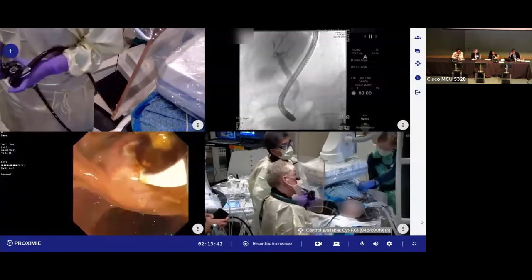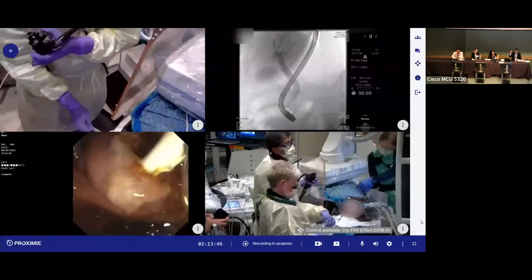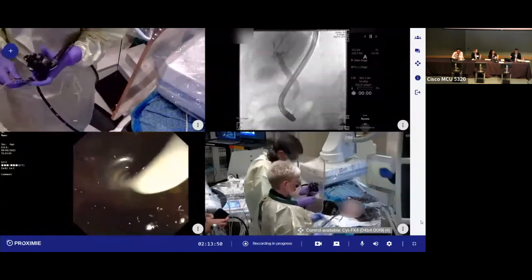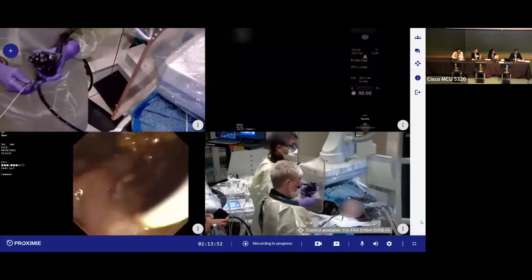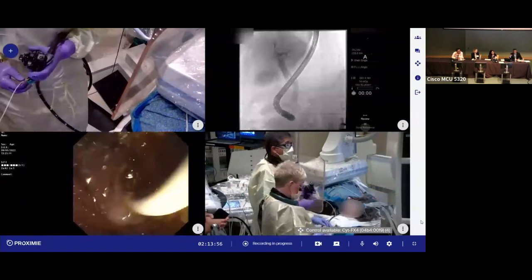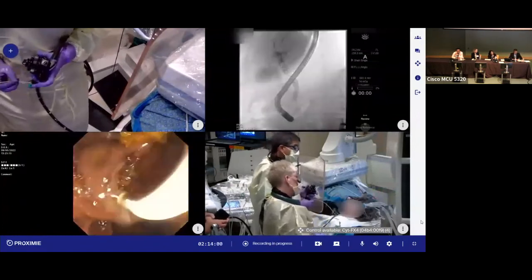You want to ensure that your extraction balloon is all the way up into the hilum, and then you start irrigating until you reach the distal end of the bile duct. That's been shown in a randomized control trial to reduce the amount of residual stones seen on subsequent ERCP.